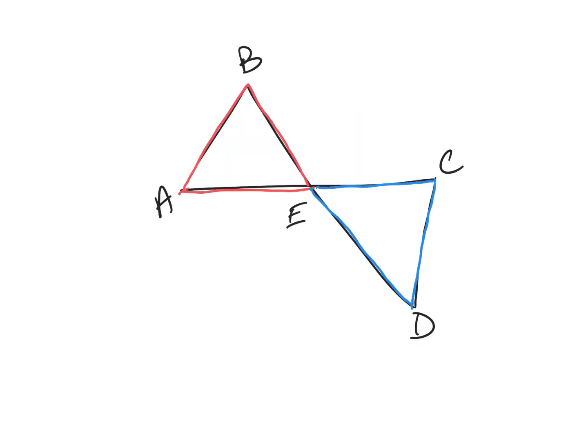How do you name a triangle? You would put the little symbol of a triangle in front of it, and then you would put 3 letters. So what is the red triangle's name? It could be A, B, E, and here there is no order that's important. It could be B, E, A, E, B, any of them. Any of those 3 letters in any order.